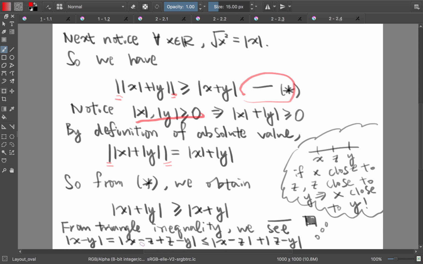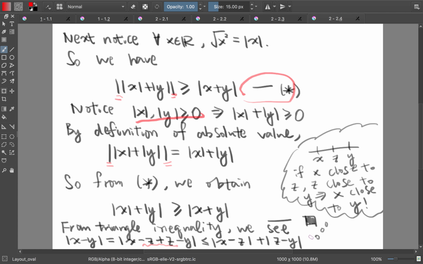Why? Because the z terms cancel, and this whole thing is equal to x minus y again. But this tells us that the absolute value of x minus y is smaller than or equal to the absolute value of x minus z plus the absolute value of z minus y.